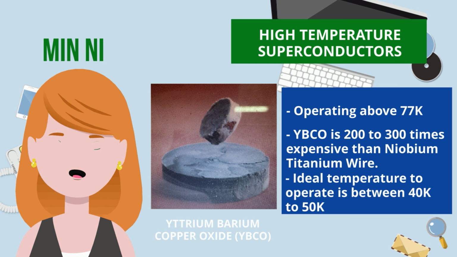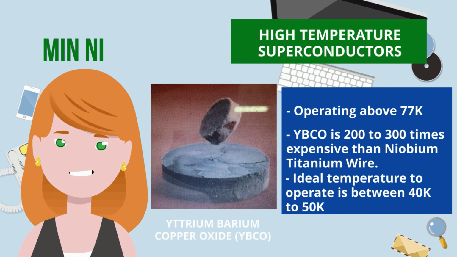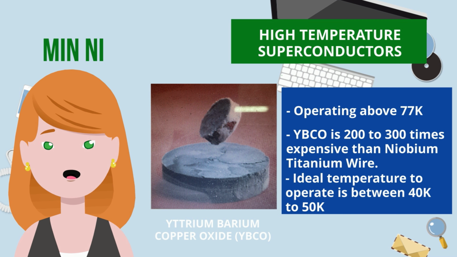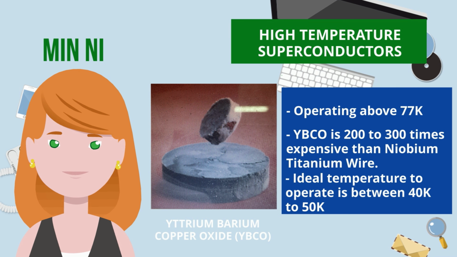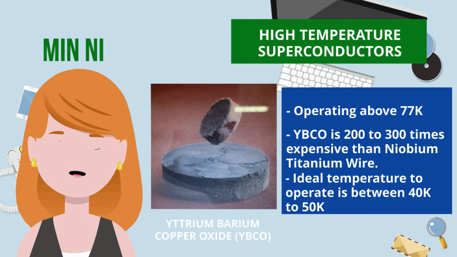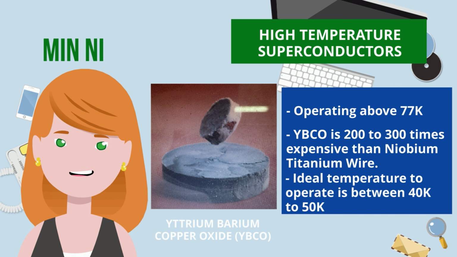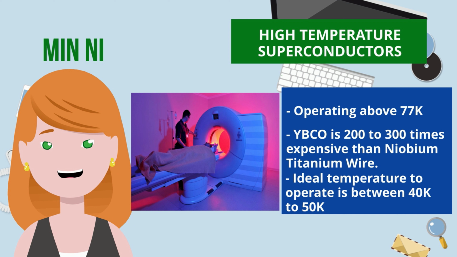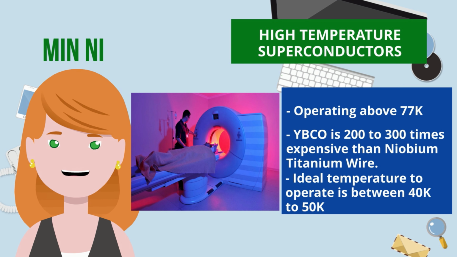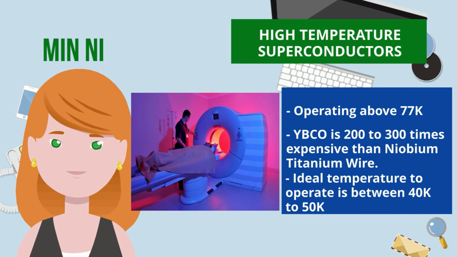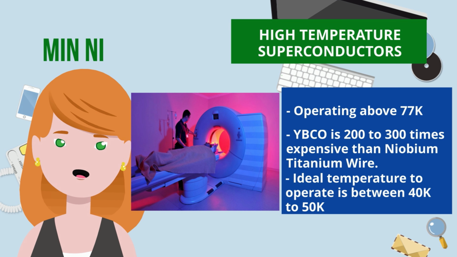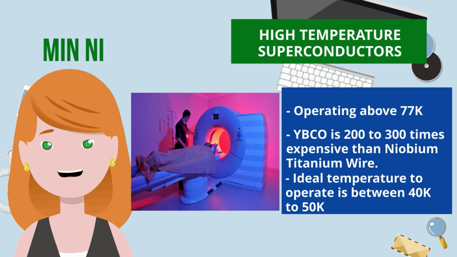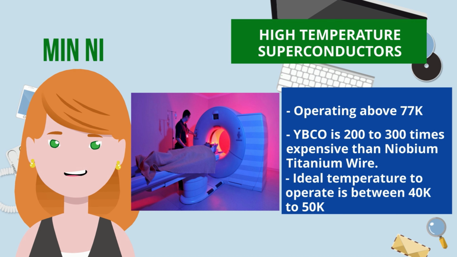This material remains superconducting at temperatures above 77 Kelvin, although for a practical magnet, an operating temperature of about 40 Kelvin to 50 Kelvin would be ideal. The problem, however, is that YBCO tape is currently 200 to 300 times more expensive than niobium titanium wire, which means that its use in MRI scanners does not at the moment make economic sense.